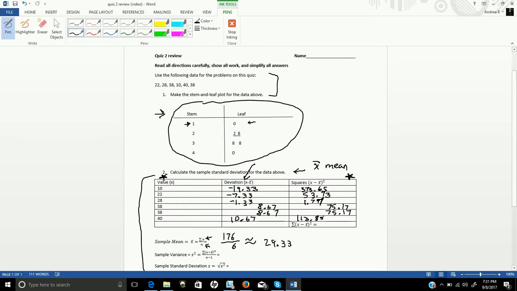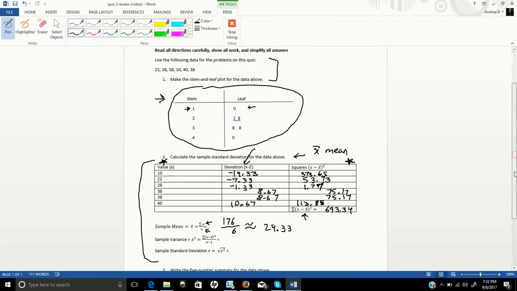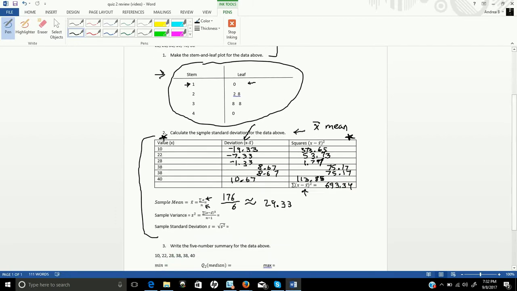And then since we are dealing with a sample standard deviation, we need to figure out the variance first, which was this formula here. Once again, you don't have to write out that formula, but you will want to be able to calculate this. So you have the sum that you just got for that column, 693.34, divided by your n minus 1.